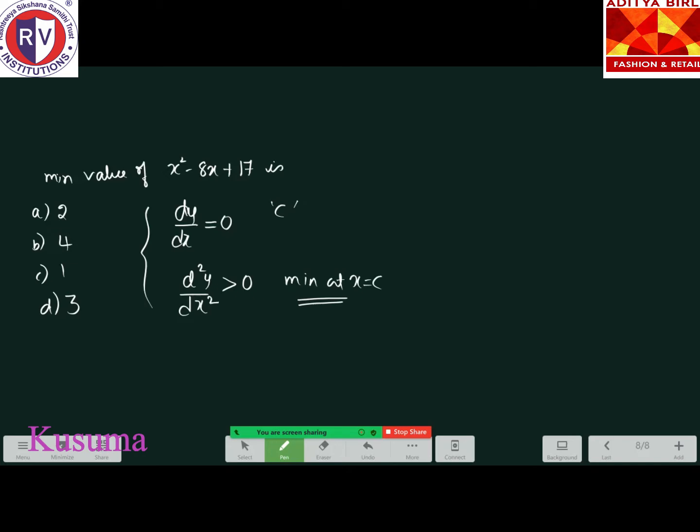Okay. Since it is already asked for minimum value, and here the coefficient of x square is greater than 0, we can make use of another formula.